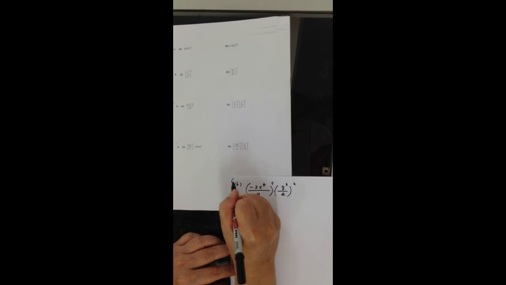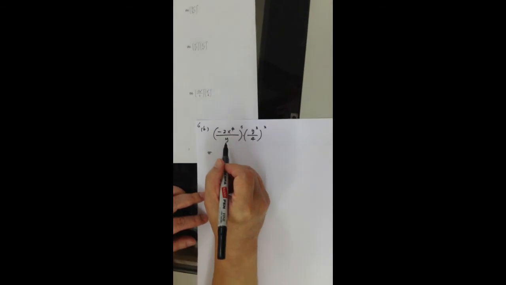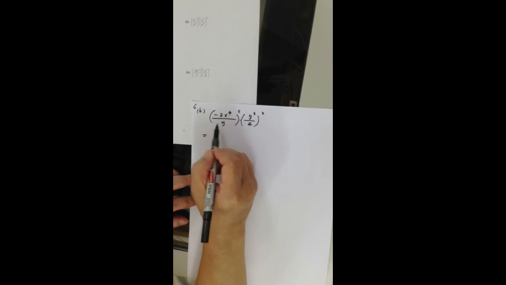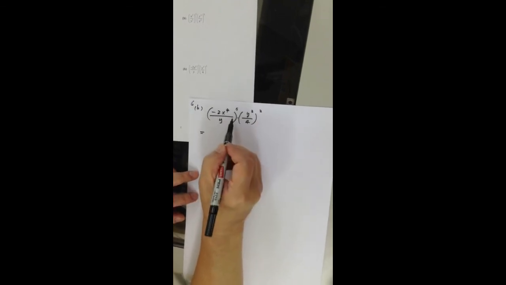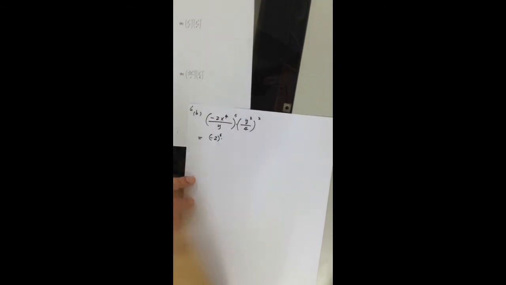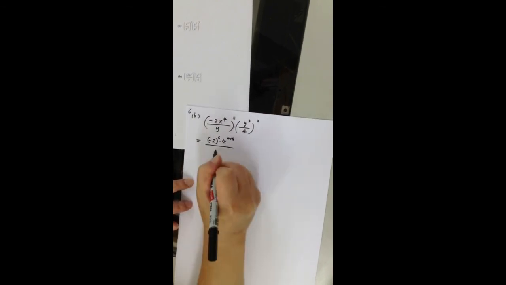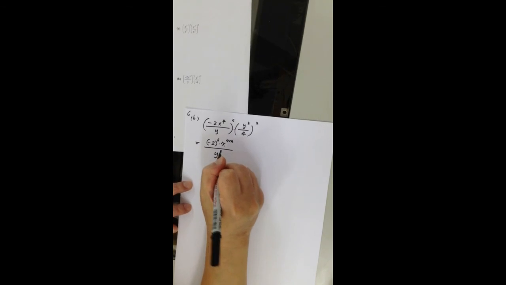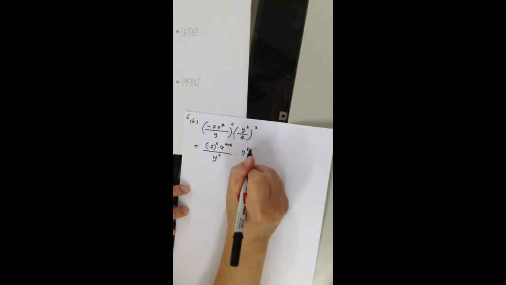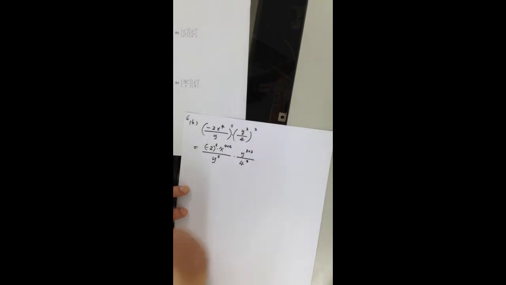The last challenging question for you. In this problem, you can also see that there are 2 small round brackets. Let's remove the round brackets one by one. For the first one, negative 2 to the power 5, and then x to the power 4 times 5. For the letter y, y to the power 5. For the second round bracket, y to the power 3 times 2, 4 to the power 2.